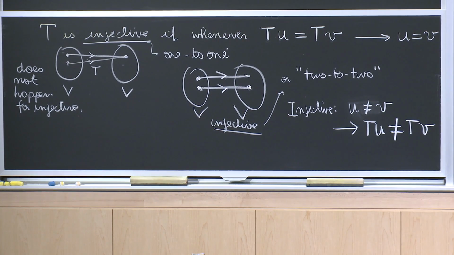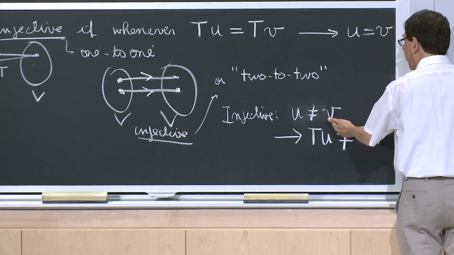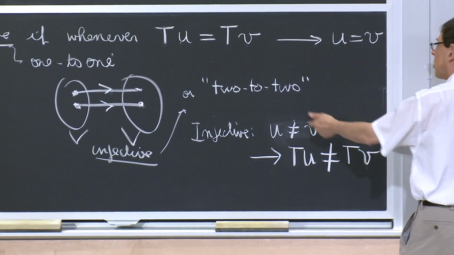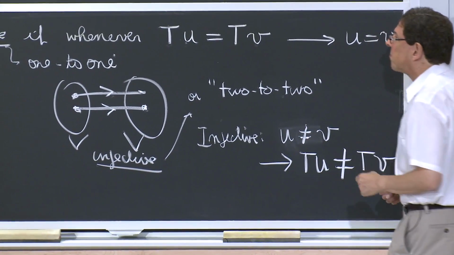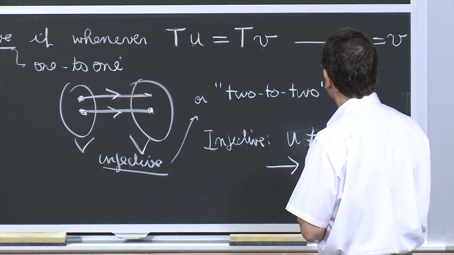So that's another way of thinking of injectivity. Two different things go to two different things, 2 to 2. And perhaps that's more intuitive.